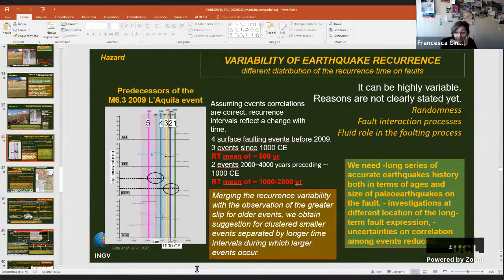It depends also on the size of the slip. But what we found in this case is that even with small slip, even 10 centimeters or 30 centimeters, we still can reconstruct the history, even if they are, let's say, 500 years apart.